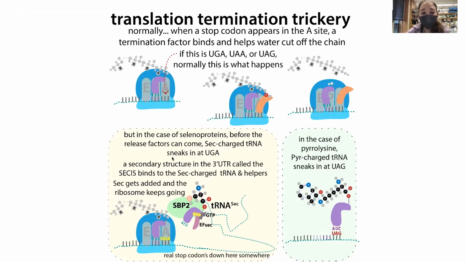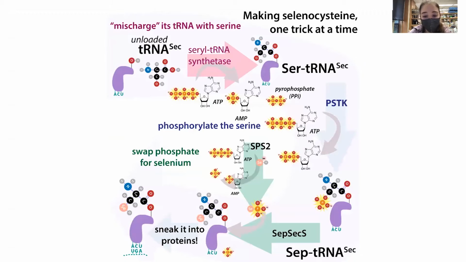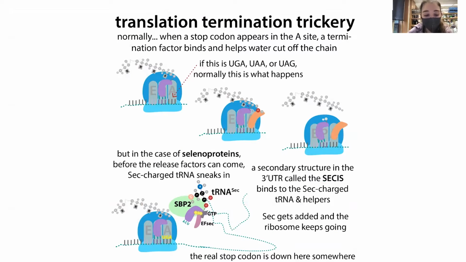Yesterday we looked at the case of selenocysteine. Selenocysteine is actually used by our cells, whereas pyrrolysine isn't. Selenocysteine is like cysteine, but it has a selenium instead of a sulfur. It's made from serine to form selenocysteine, which then gets added into proteins.